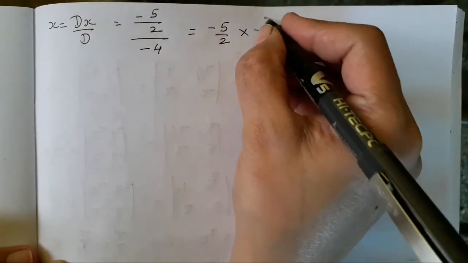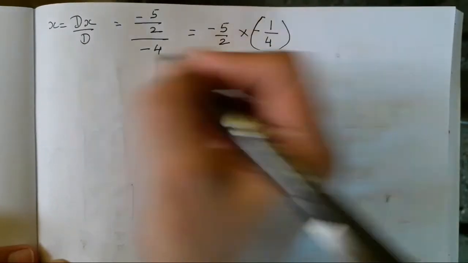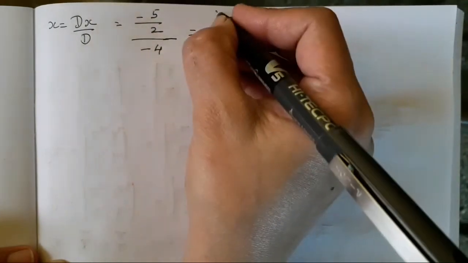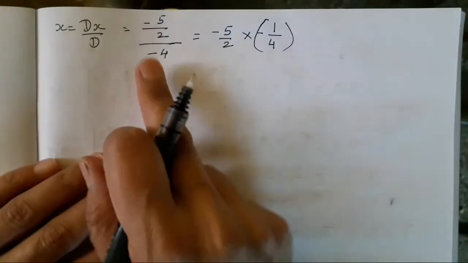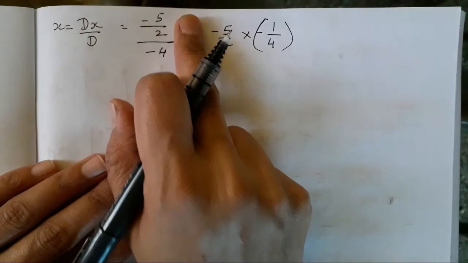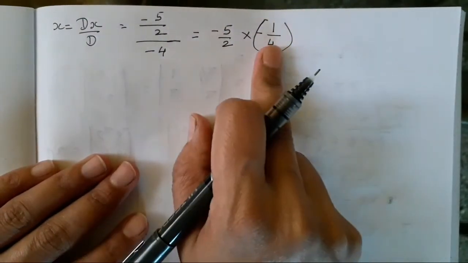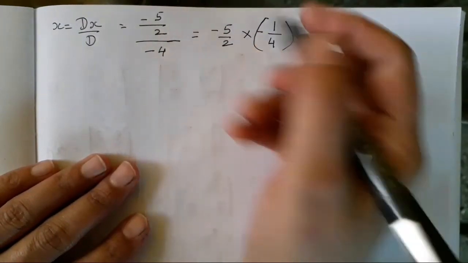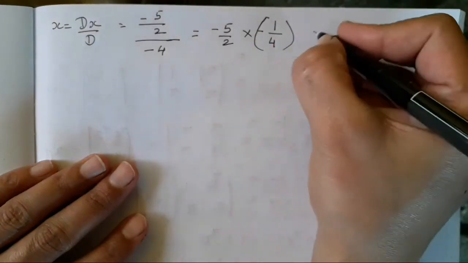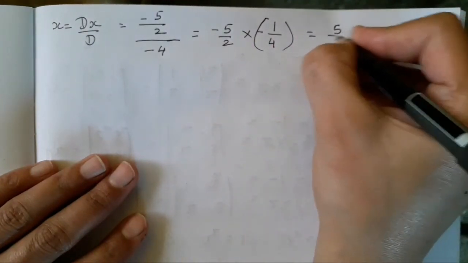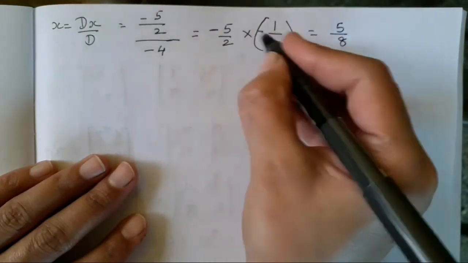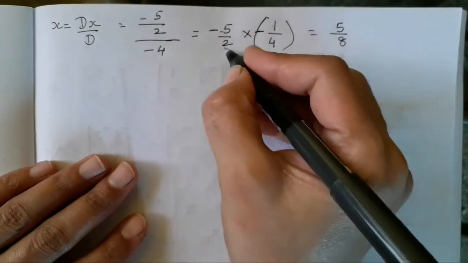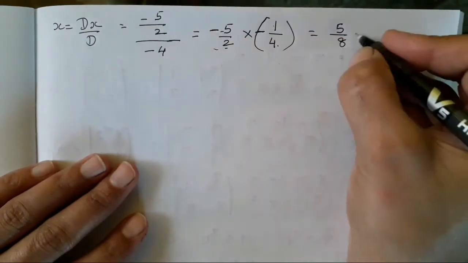What I have done over here, children, is that when 4 moves up, when it changes its side, it is going to become 1 upon 4. I hope it is clear to everyone. The answer is going to be 5 upon 8, as the minus signs are going to get reduced. 5 ones are 5, 4 twos are 8.